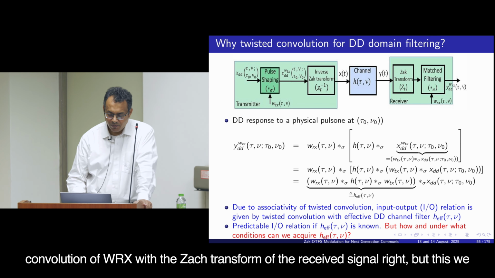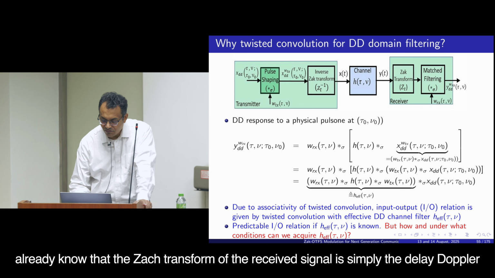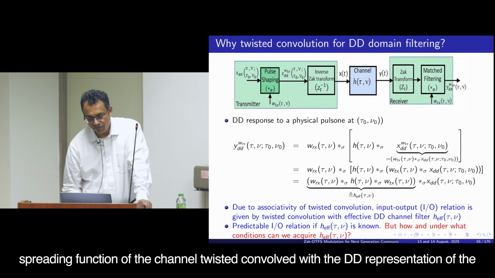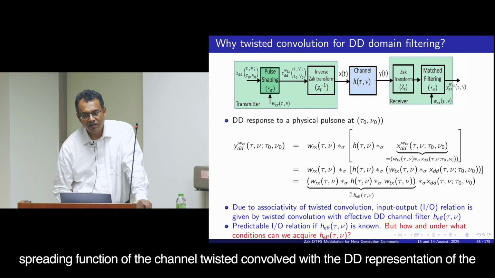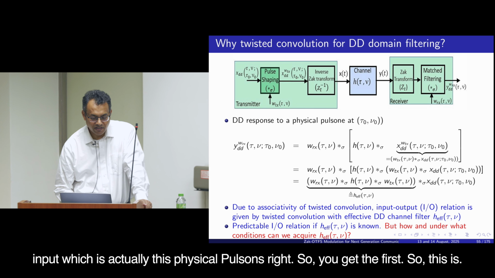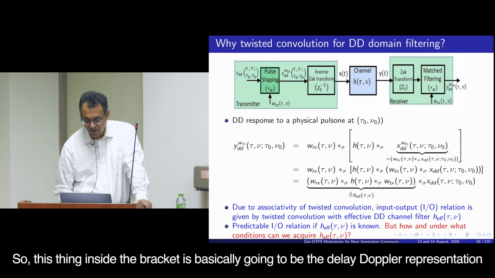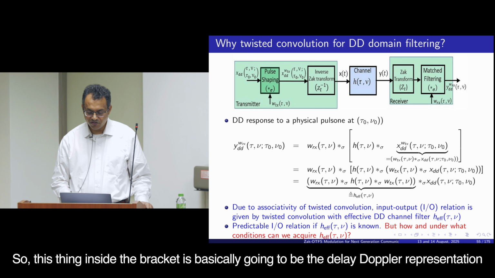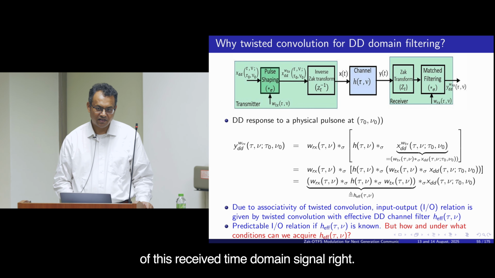But we already know that the Zak transform of the received signal is simply the delay Doppler spreading function of the channel twisted convolved with the DD representation of the input, which is actually this physical pulson. So, this thing inside the bracket is the delay Doppler representation of the received time domain signal.